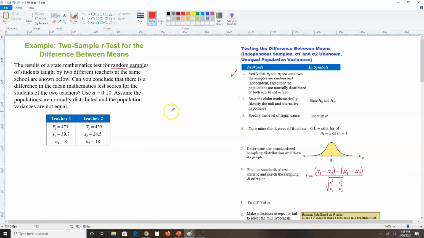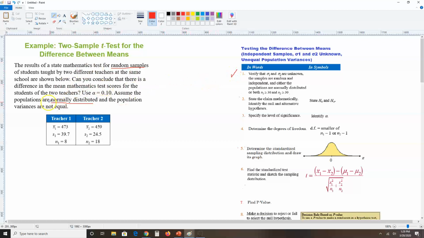So yes, they are independent. The next thing, make sure that the populations are normally distributed. Yes, it says here the populations are normally distributed. So I met all the conditions of step number 1.